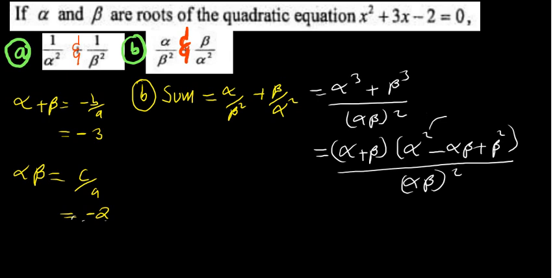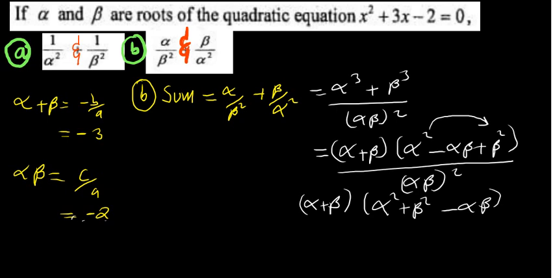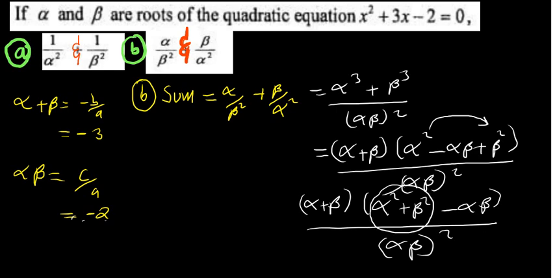I'm going to pair up this alpha squared and this beta squared. That is going to give us alpha plus beta, open brackets, alpha squared plus beta squared minus alpha beta alone, divided by alpha beta squared. You also again know the identity that you need to replace where there's alpha squared plus beta squared.